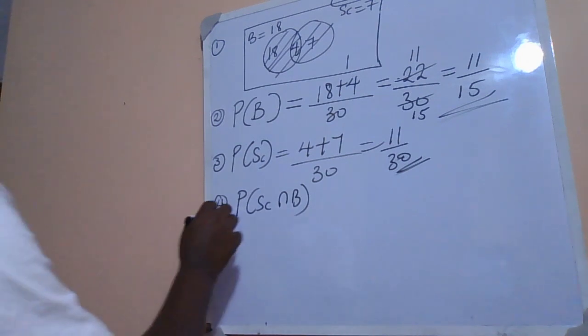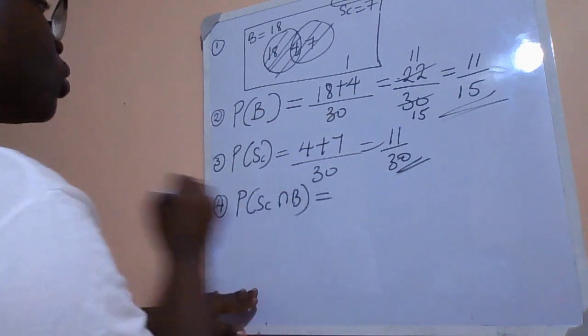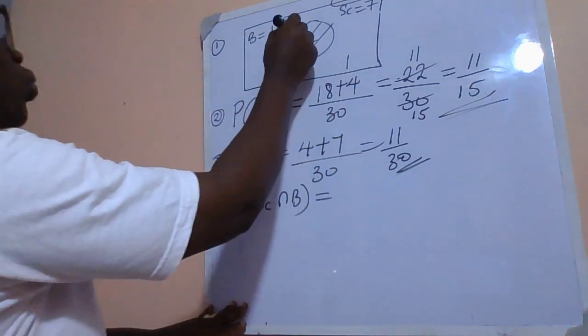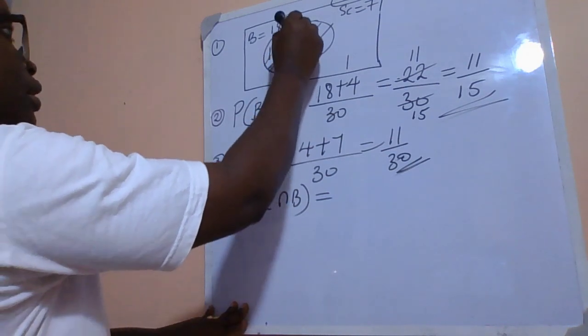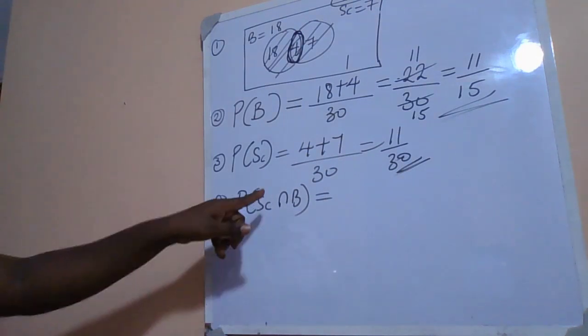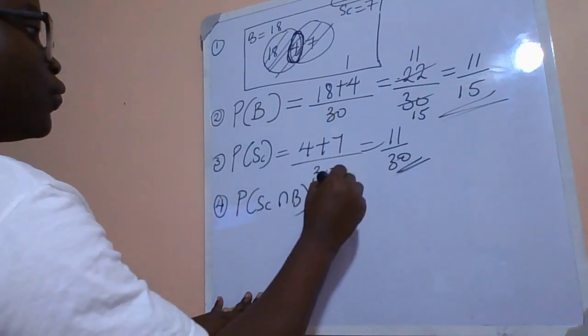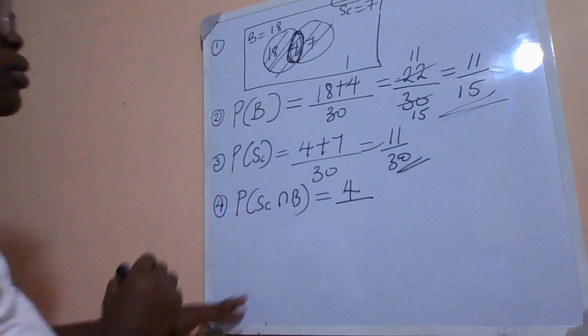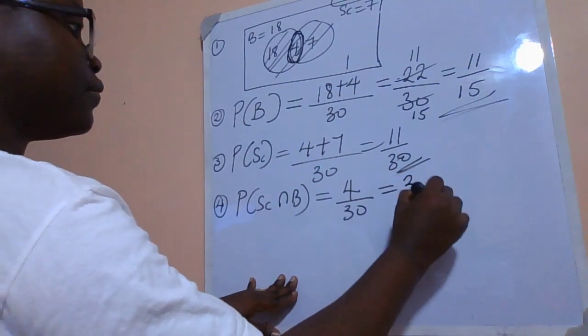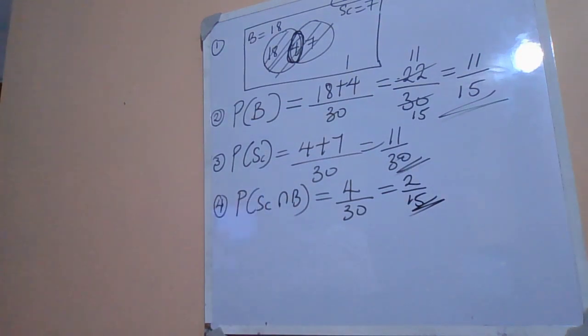So what is science intersection biology? This is where they both intersect. They both intersect at this point. So science intersection biology is going to be 4. So 4 divided by 30. And that also answered the question.